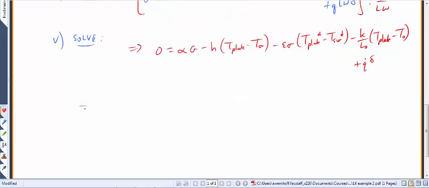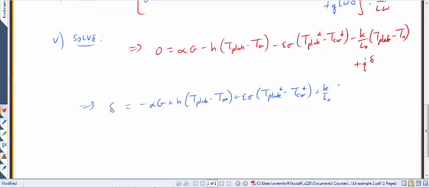And then further solving for delta, we get our result. Delta is equal to negative alpha times G plus H times T plate minus T infinity plus epsilon times sigma times T plate to the fourth minus T surroundings to the fourth plus K over L0 times T plate minus T0, all of this divided by Q dot.